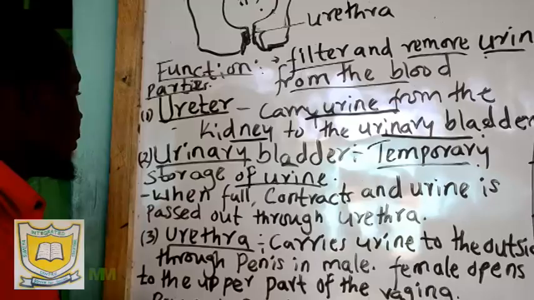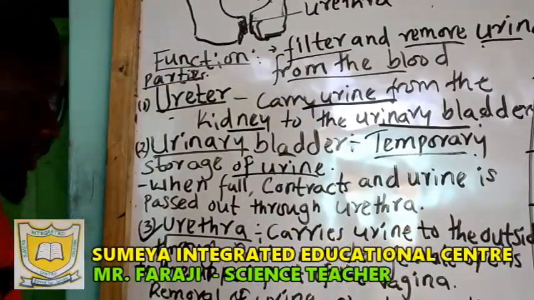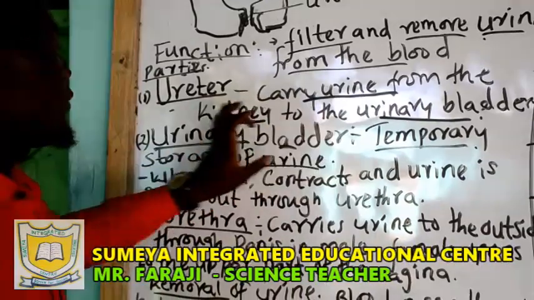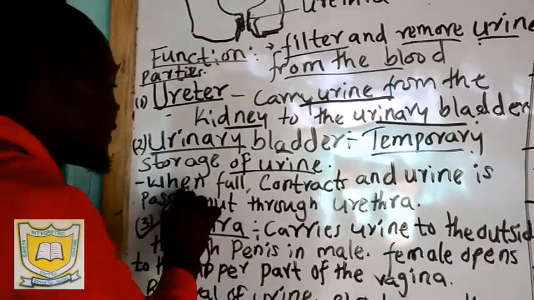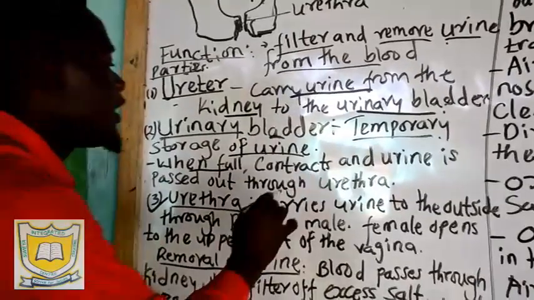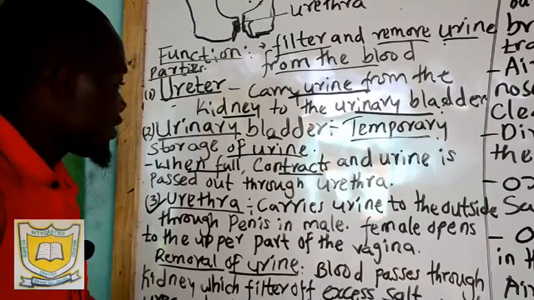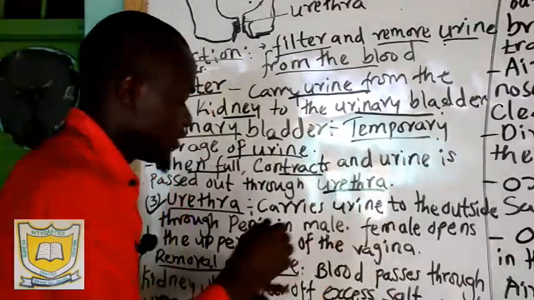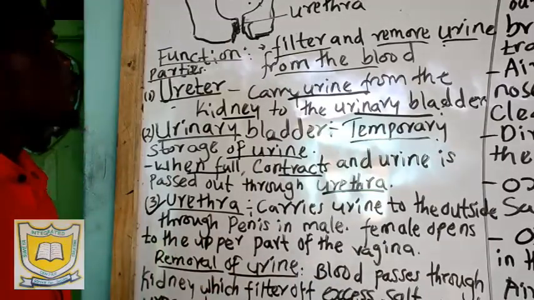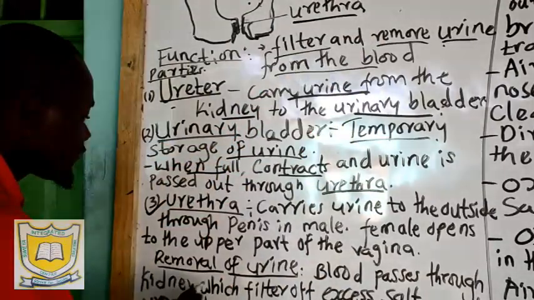Now we move to the urethra. After storage of urine in the urinary bladder, when the bladder is full, it contracts, and when it contracts it pushes the urine outside through the urethra. The main function of the urethra is just for passage.